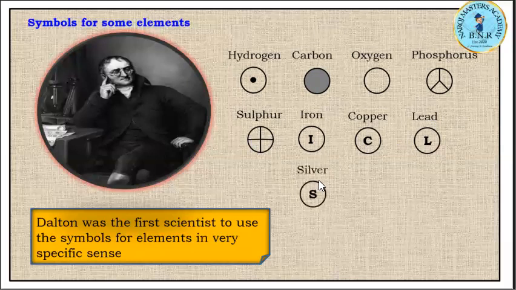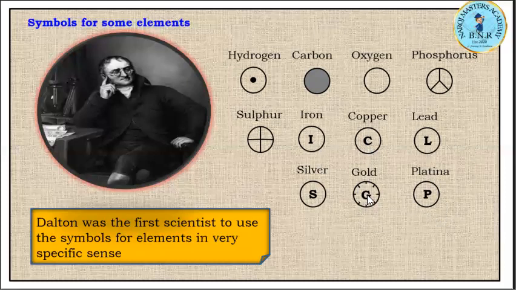For sulfur, the emergency symbol, the plus symbol. For gold, a circle with a small watch-like mark inside, and that is G for gold. And platinum P, lead L, copper C, silver S, iron I, all with circles only.